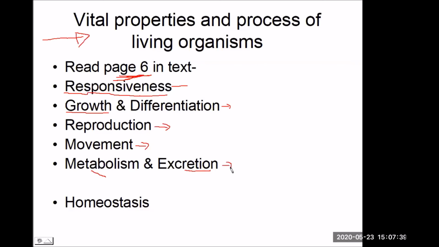So we're able to release waste chemicals from our body and excess materials from our body. And this last one here, homeostasis, we're able to regulate multiple internal variables within our body. We could regulate our blood glucose levels. We could regulate our body temperature. So again, make sure you look that up and get a quick definition for each of these.